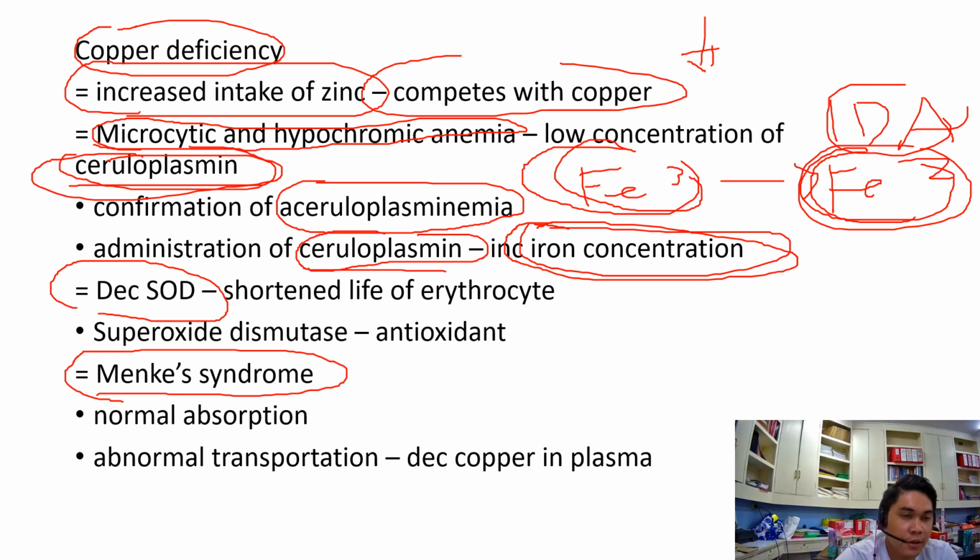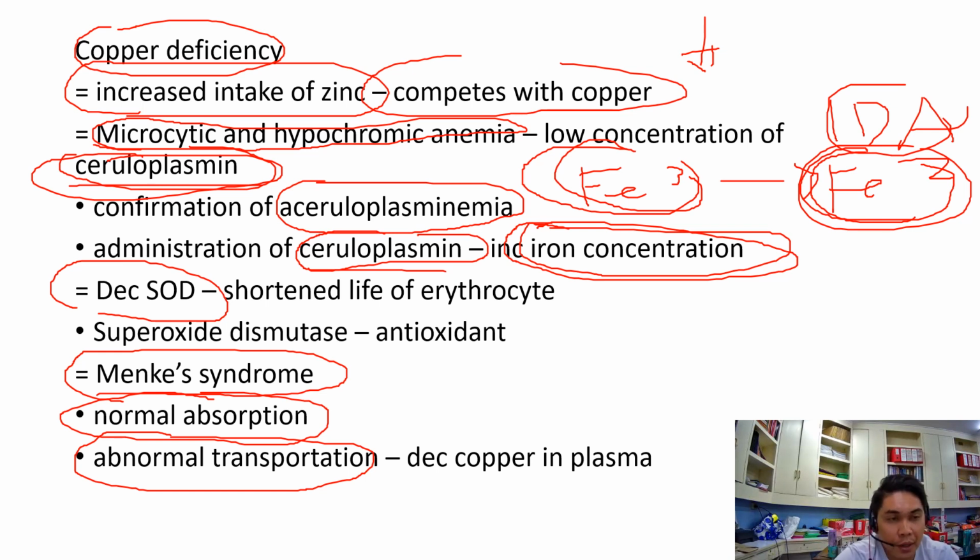In Menkes syndrome, we have normal absorption of copper, but there's abnormal transportation of copper. After absorption, you need to transport the copper from the enterocyte to your plasma. So the problem in Menkes syndrome is in the transportation of copper. Why? Because in Menkes syndrome, we have a mutation in the ATP7A gene.